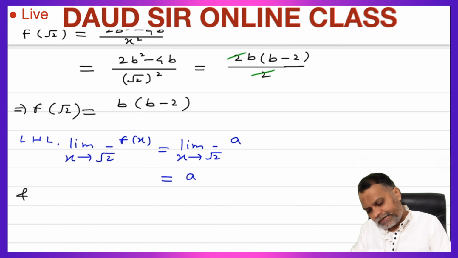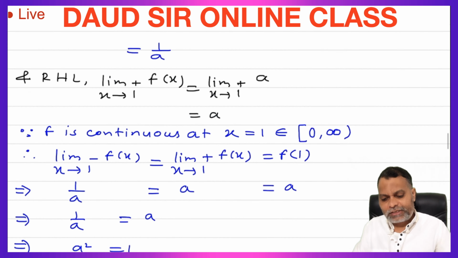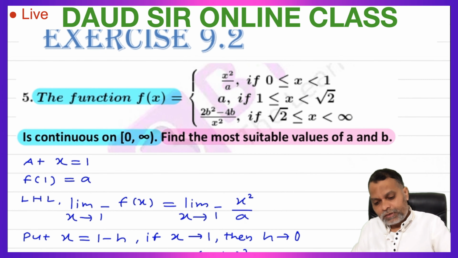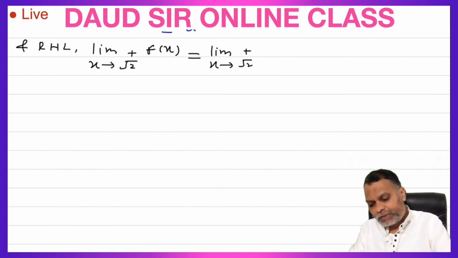And right hand limit x tends to root 2 plus f of x is equal to limit x tends to root 2 plus, check where x is greater than root 2. So x is greater than root 2 here. So take this function 2b square minus 4b upon x square.